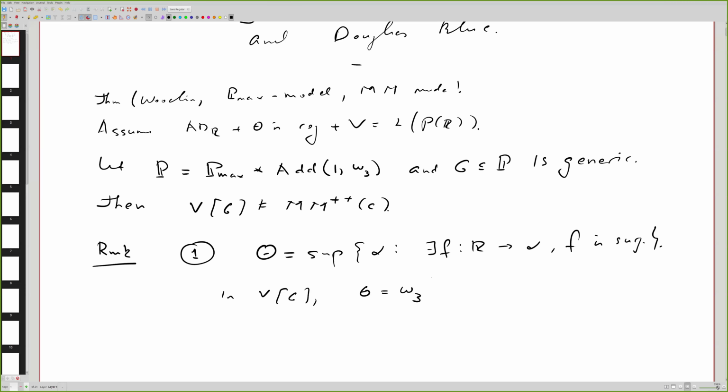You have axiom of choice also. Yeah, that's V[G]. This is what I mean, I mean ZFC. But the other important remark is that if I didn't do the second part, so if I just went Pmax, then I guess you would still have MM plus, it makes sense, you would still have this.